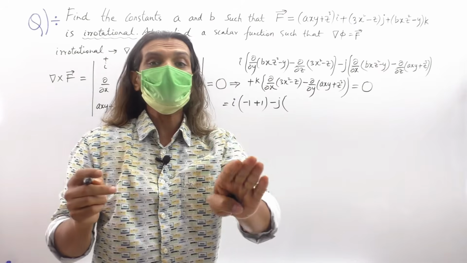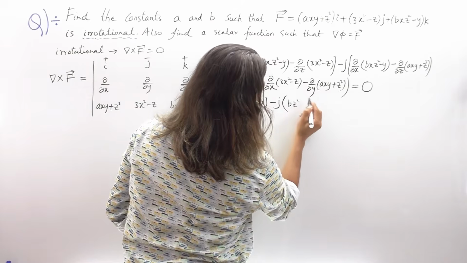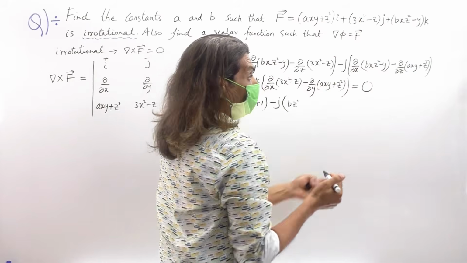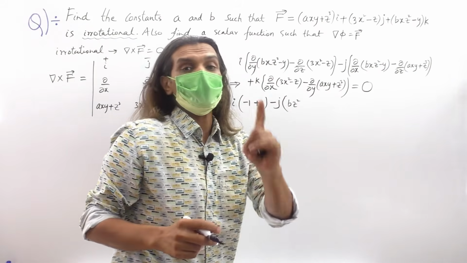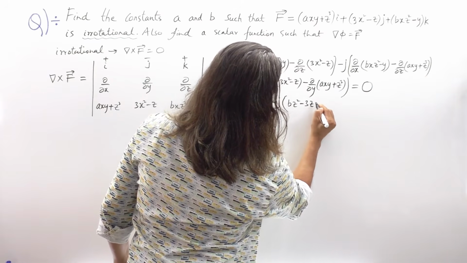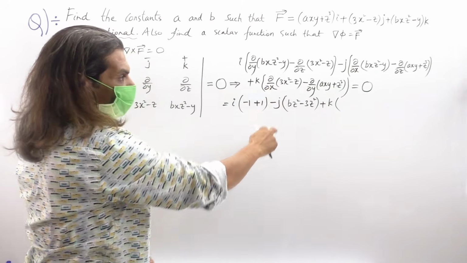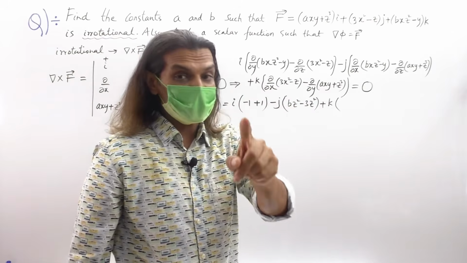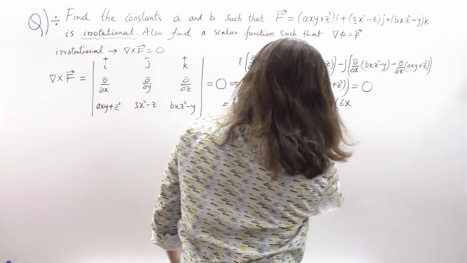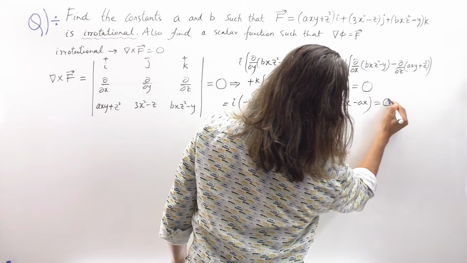See here you are differentiating only with respect to x. So bz² as it is, differentiation of x is 1, minus y is 0, minus ∂/∂z of axy, no z term, partially differentiate only with respect to z. So differentiation of z³ is nothing but minus 3z², plus k into ∂/∂x of 3x², differentiation of 3x² is 6x, minus ∂/∂y of axy, which is ax, z is 0, equal to 0.